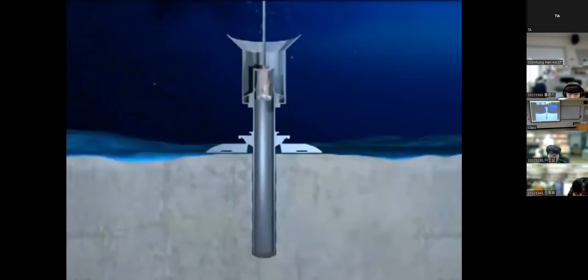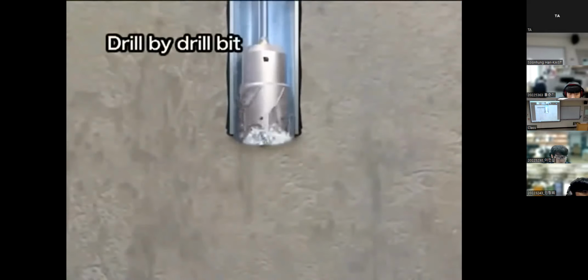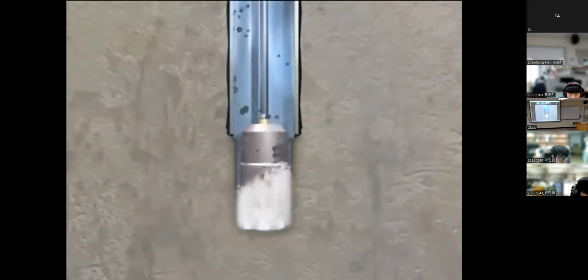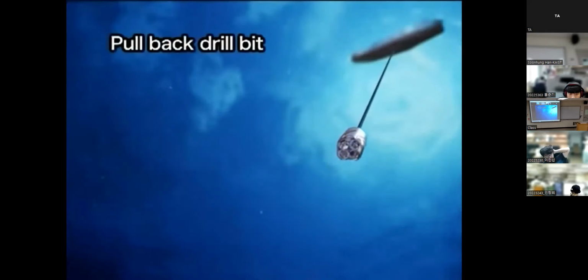The drill bit is led down to the bottom of the hole through the conductor pipe. The drill bit rotates and drills the sediment and rock below the seabed. Seawater is sprayed from nozzles on the drill bit to raise the cuttings to the seafloor. After drilling several hundred meters, the drill bit is pulled back to the vessel.